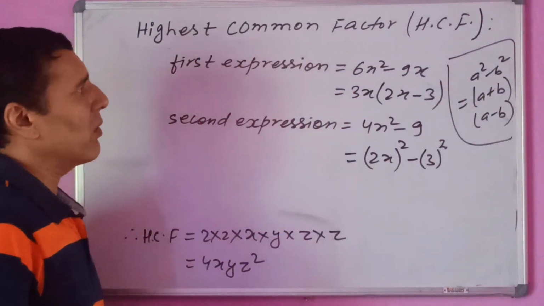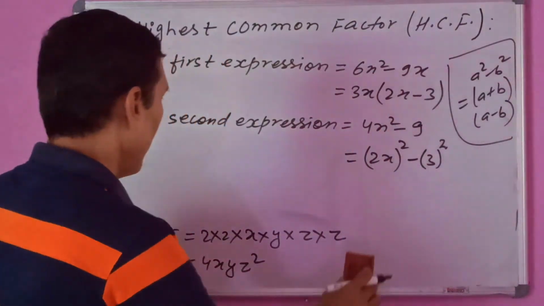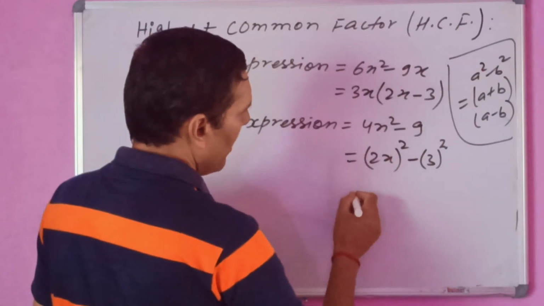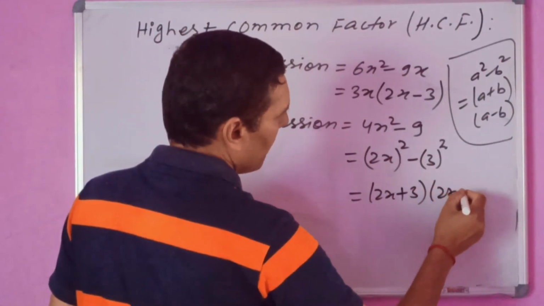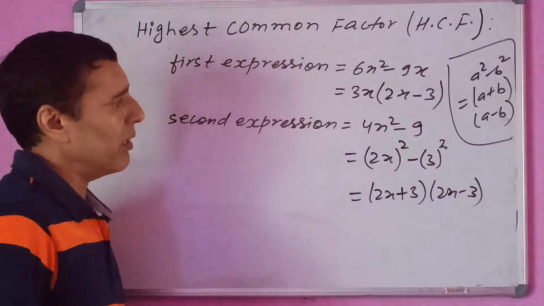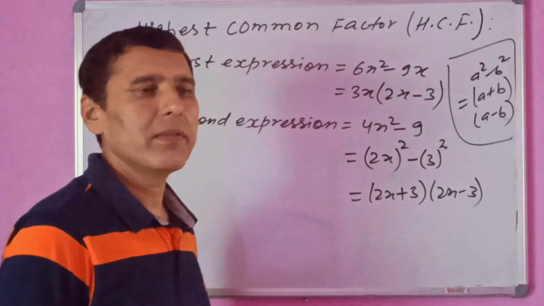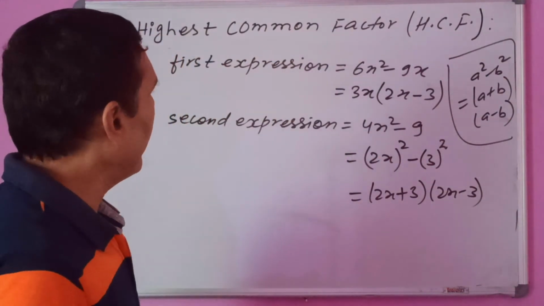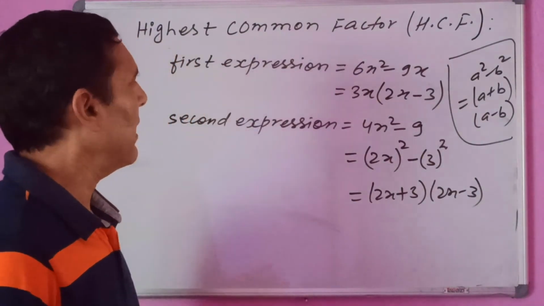So a plus b is 2x plus 3, a minus b is 2x minus 3. So 2x plus 3 and 2x minus 3 are the factors of 4x square minus 9. So we have completed the factorization of both expressions.